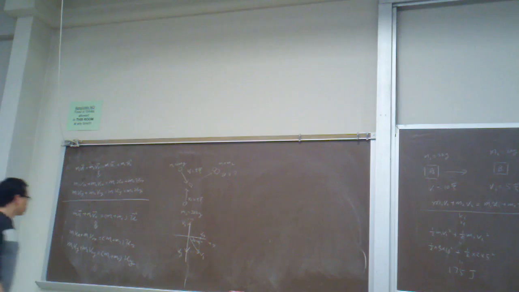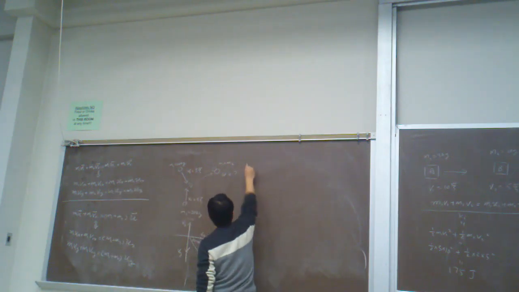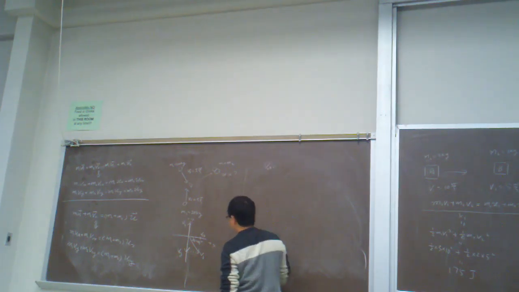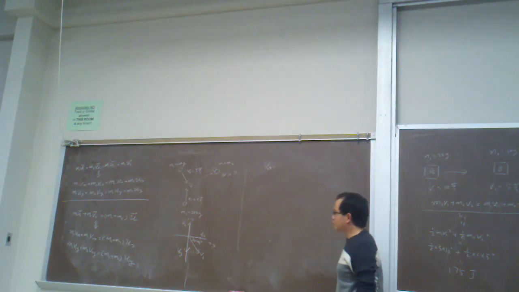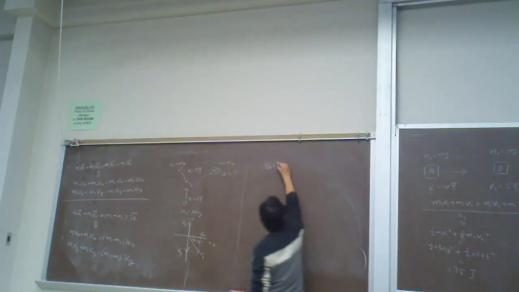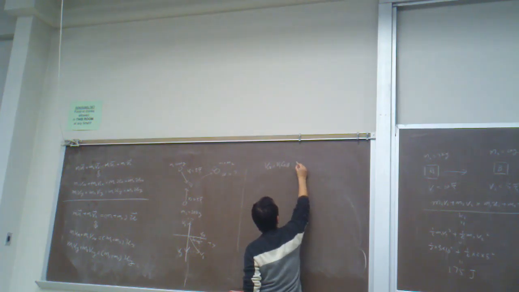So now, let's decompose v1, v2 to get v1x, v1y, v2x, v2y. Okay. v1x, how to express v1x in terms of v1 and angle 45? Okay, so v1 cosine theta, or cosine 45.